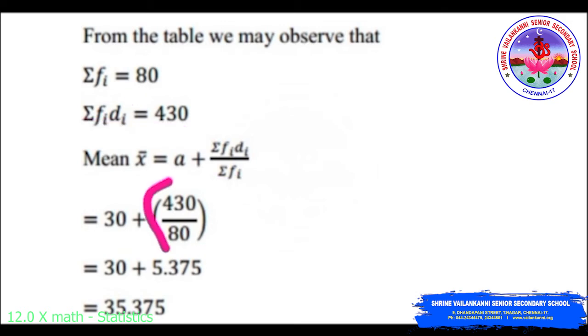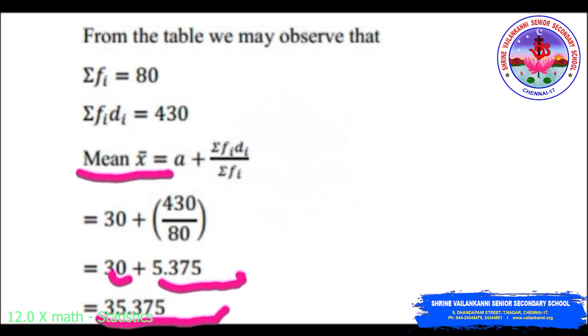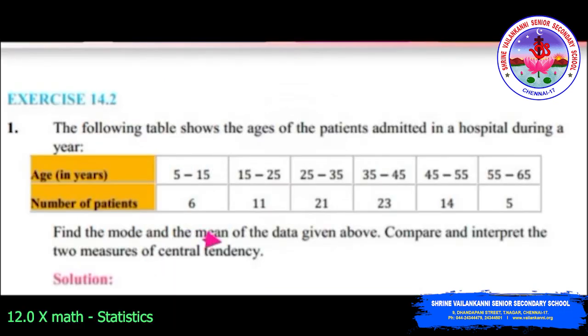Simplifying 430 divided by 80, I will be getting 5.375, which is added with 30. We will be getting 35.375, which will be our mean. So in the first case, we have found out the mean as 35.375.